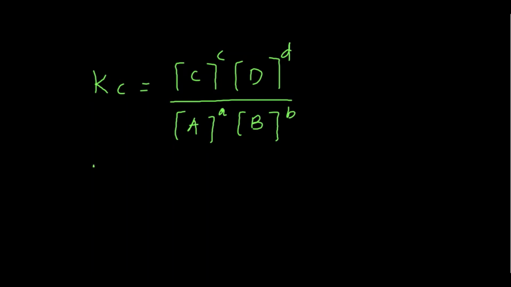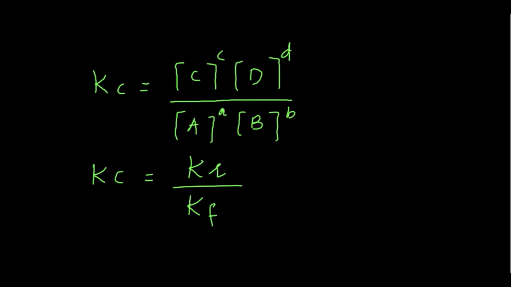So we can also write Kc as Kc is equal to Kf upon Kr, the rate constant for forward reaction over the rate constant for reverse reaction, right students. Kc is the equilibrium constant.